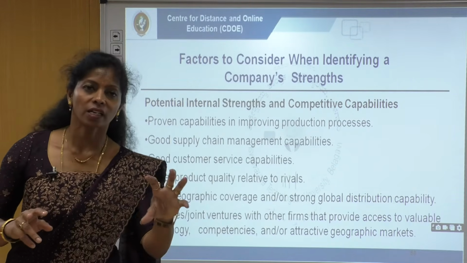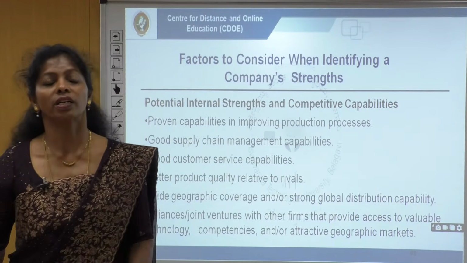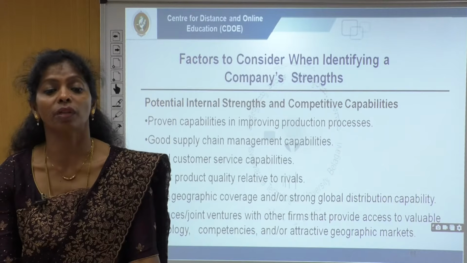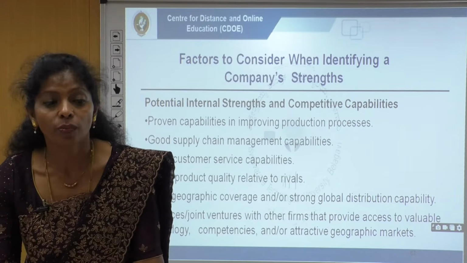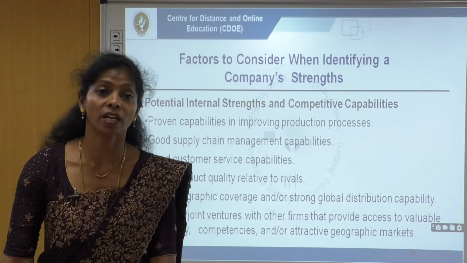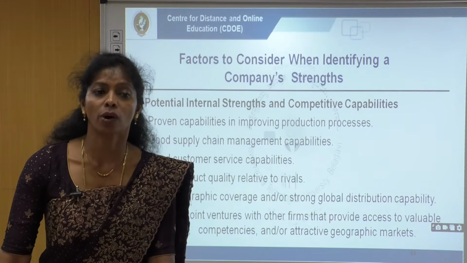These are the areas where the company can think about enhancing its strength: joint ventures or mergers with other firms that provide access to valuable technology, competency or attractive geographical markets. These are some of the areas where a company's strengths can be identified and worked upon.